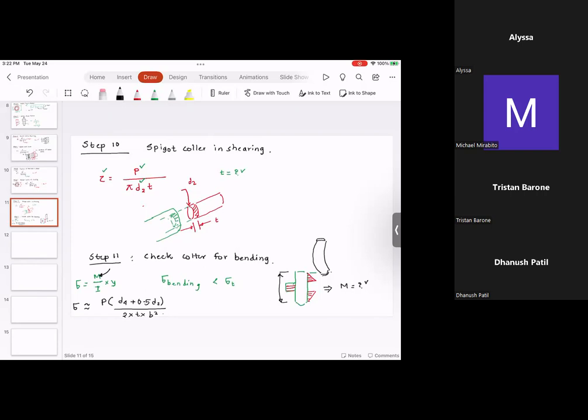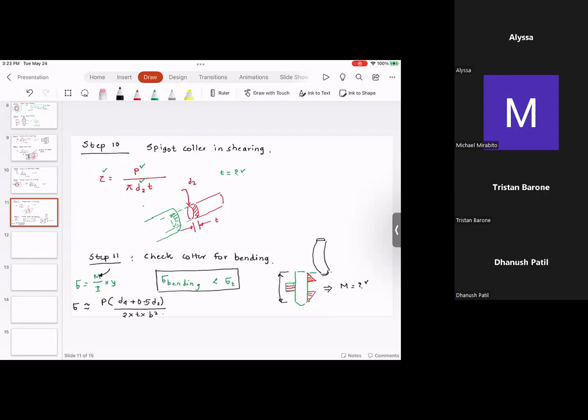And please understand, that's why this is the last step, because if you look at all the previous steps, we found out the value of D4, D2, T, and B. So you can substitute these values in this equation and make sure that the Cotter is safe, which means the bending stress in the Cotter is less than the tensile failure stress of the Cotter. And that's why this is the last step.